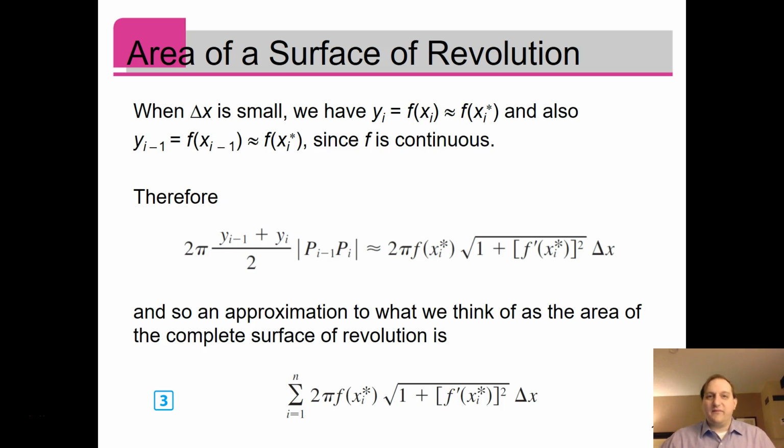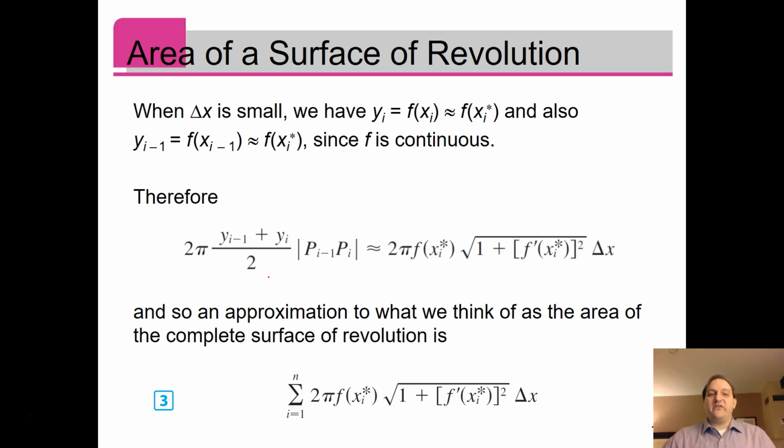When delta x is small, we have yi equals f of xi, which is approximately f of xi star. Remember, xi star is that specific point that we need to take. Xi is not necessarily that point, but the idea is it's close enough. There are technical analysis things about continuity that we have to say.